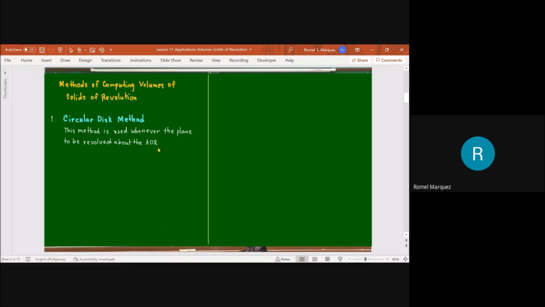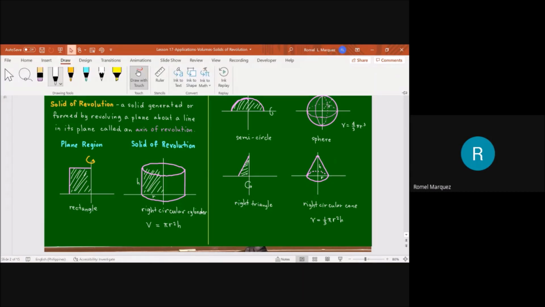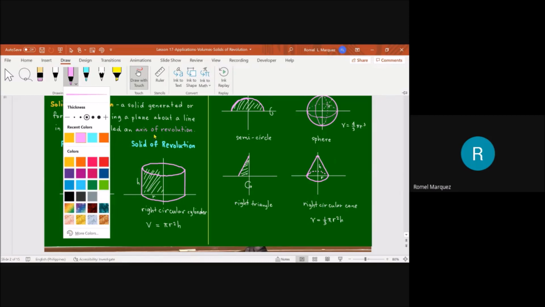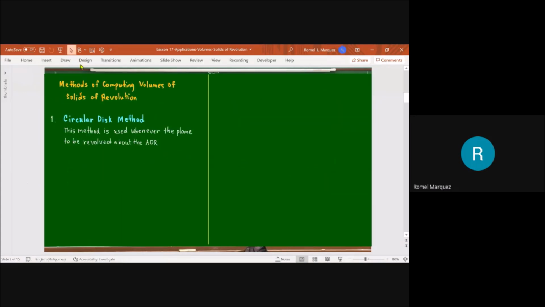So again, when I say AOR, I mean axis of revolution or axis of rotation. Okay, guys?